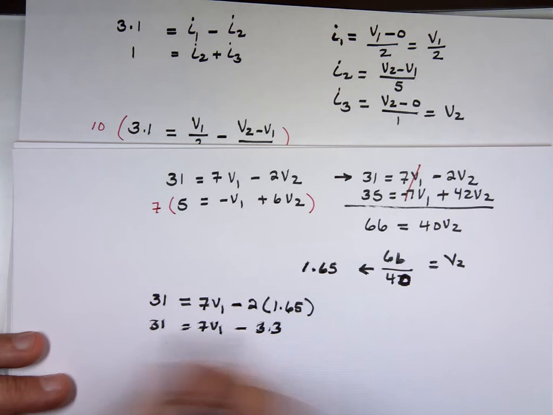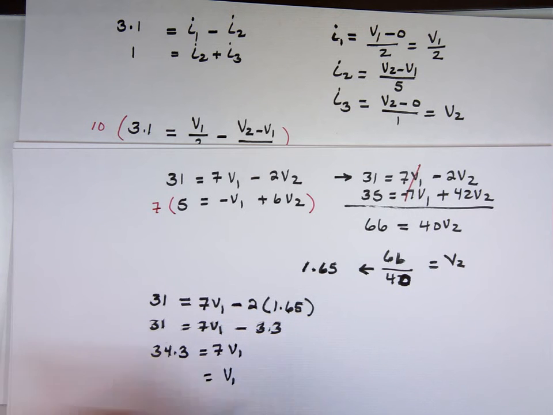Bring it to this side, that becomes what? Is it 34.3? What's V1 equal to? 4.9.